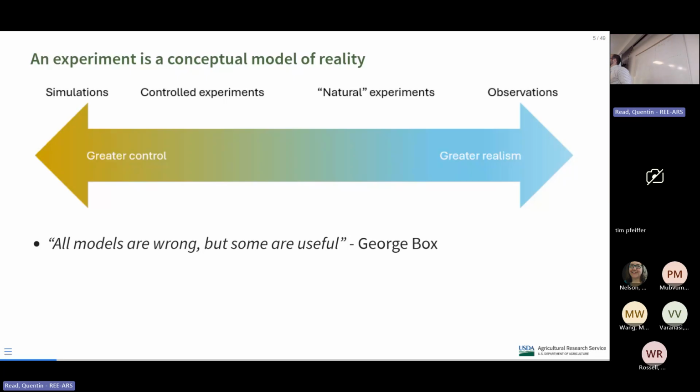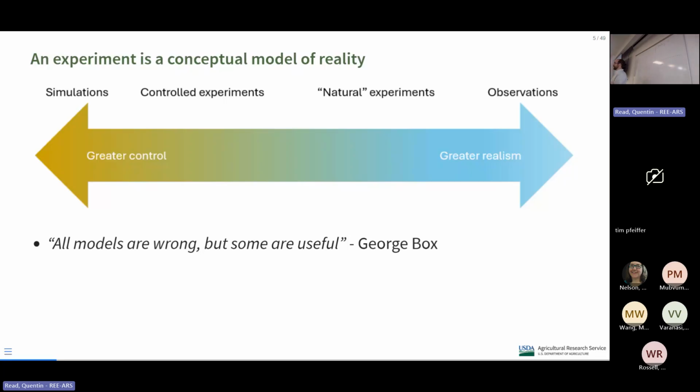Yeah, and as experiments are models, this is one of my favorite quotes of all time. The statistician George Box said that all models are wrong, but some are useful, right? So models always, in some way, have lost some of the characteristics of reality.